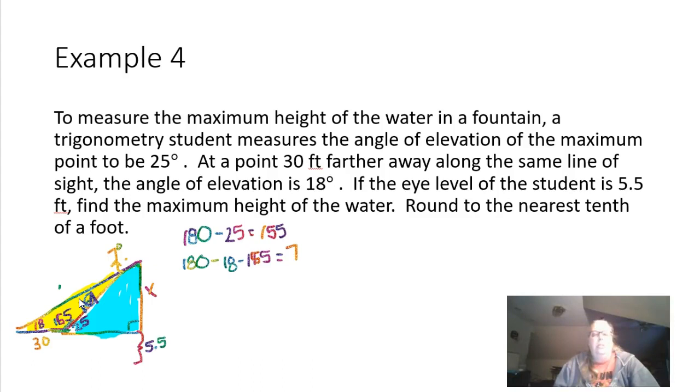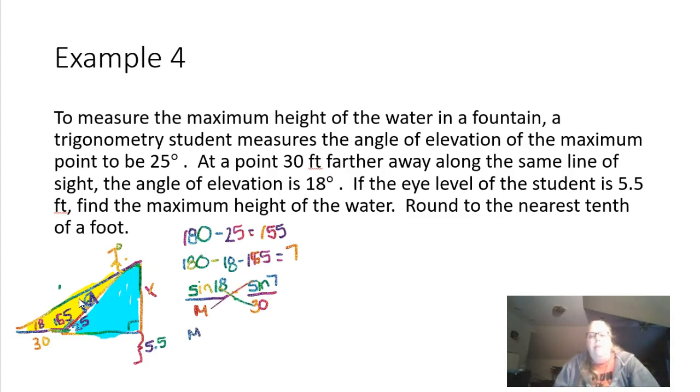All right, let's use our law of sines to find our side M now. The sine of 18 degrees is to side M as the sine of 7 degrees is to 30. Let's cross multiply and solve this.